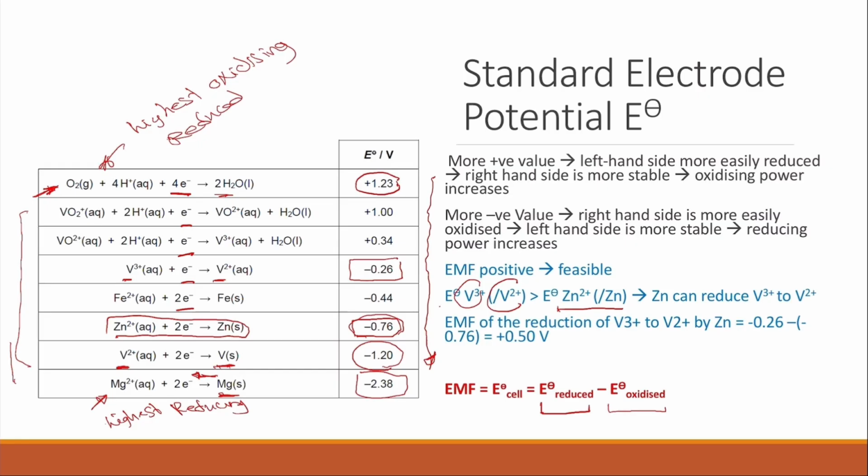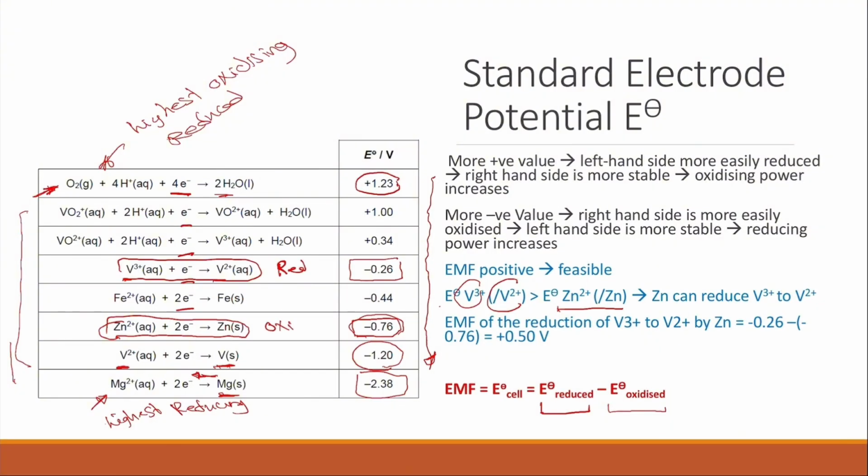And now we can calculate the EMF, or electromotive force, of any cell. So let's say we are going to calculate it for vanadium 3 plus to vanadium 2 plus along with the zinc. Now we know that this is the reduction and this is the oxidation.